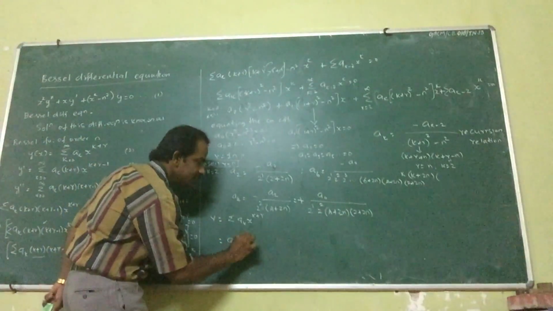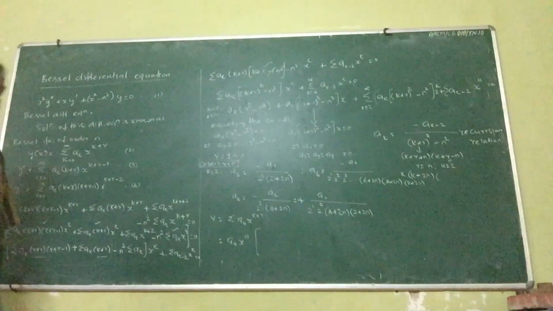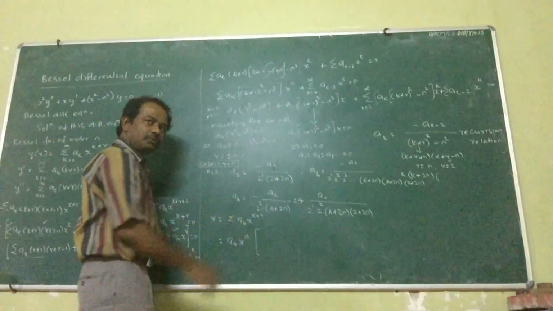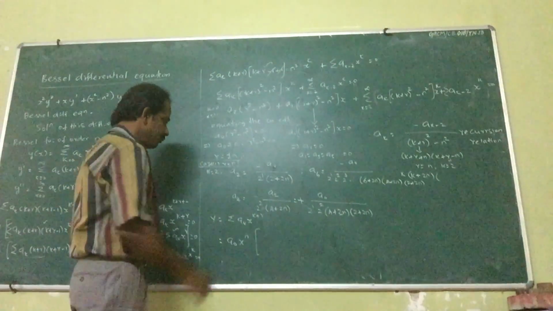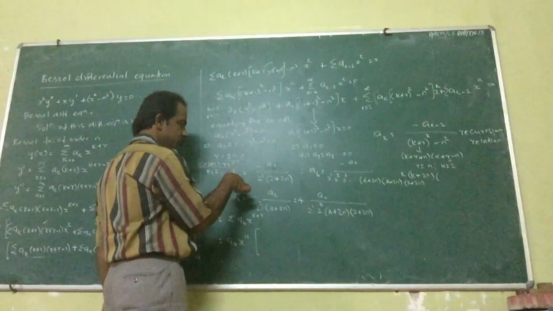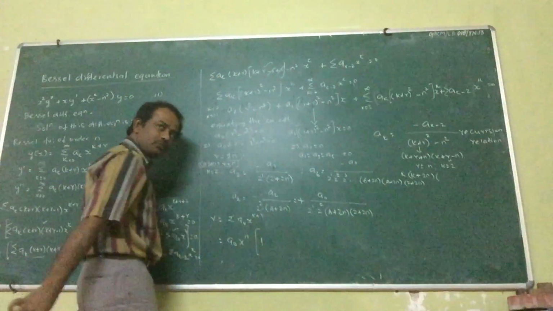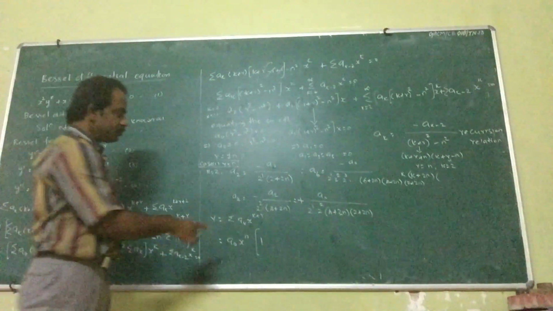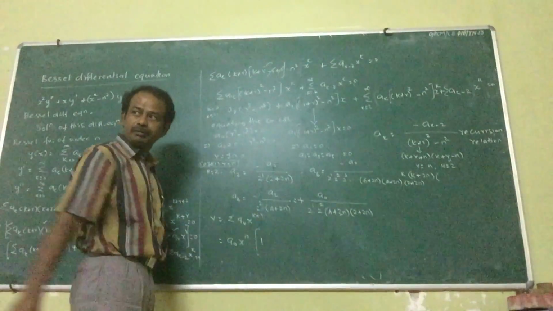And x to the power n also out. Remaining term will be a_k x to the power k. And of course we can substitute a_2, a_1 and all those things. So the first term will be a_0 alone. If you substitute k equal to 0, the first term will be 1, a_0 into x to the power n.